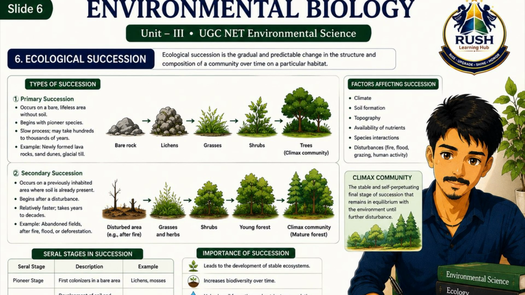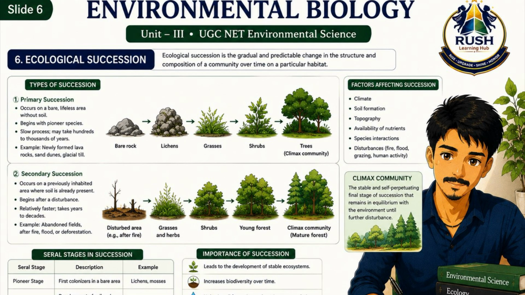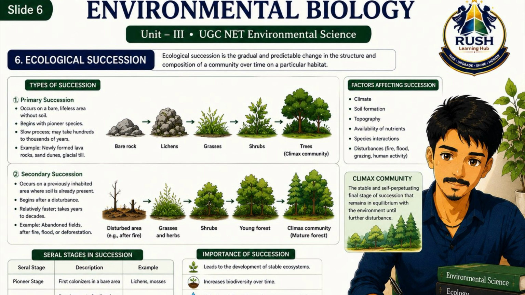From the UGC NET examination perspective, it is important to remember that lichens are the pioneer species in lithosere succession, while climax communities represent the final stable stage. Primary succession occurs on bare substrates without soil, whereas secondary succession begins in previously inhabited areas where soil is already present.